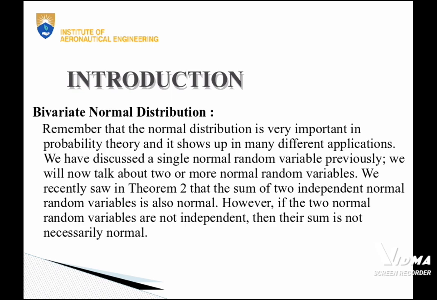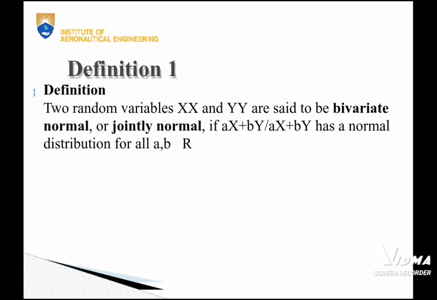We recently saw in a theory that the sum of two independent normal random variables is also normal. However, if the two normal random variables are not independent, then their sum is not necessarily normal.